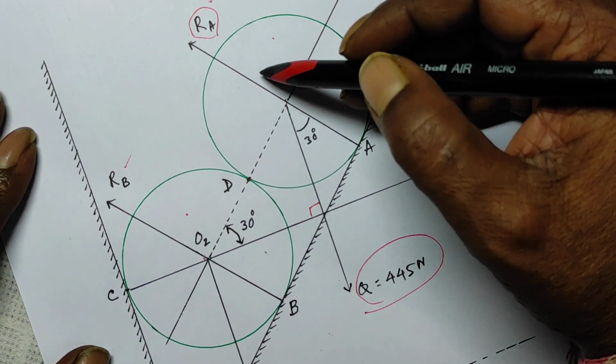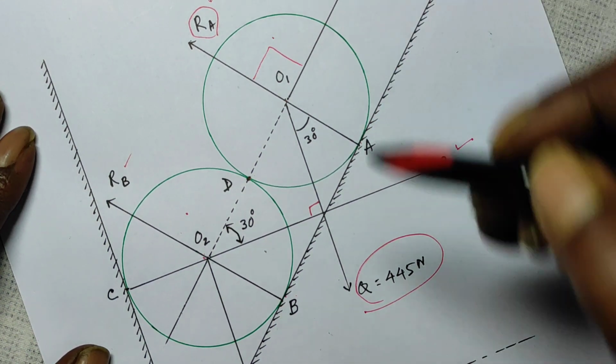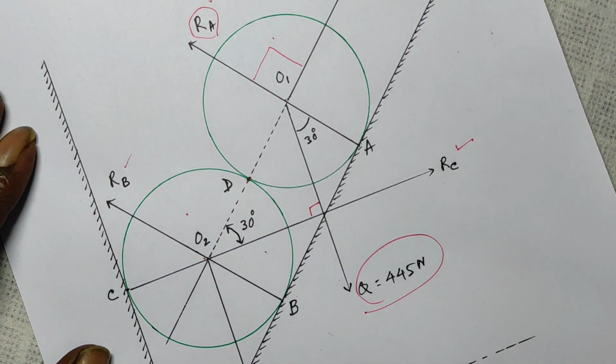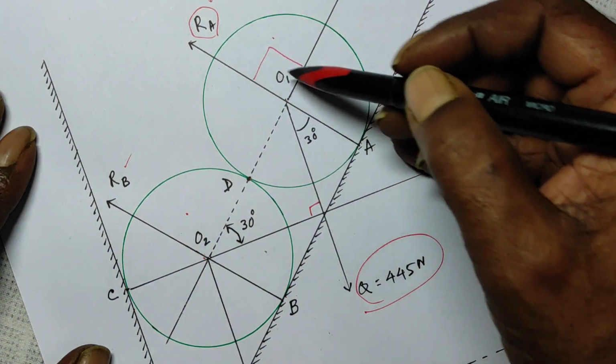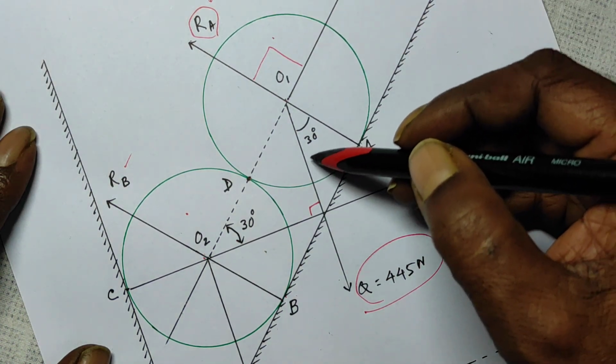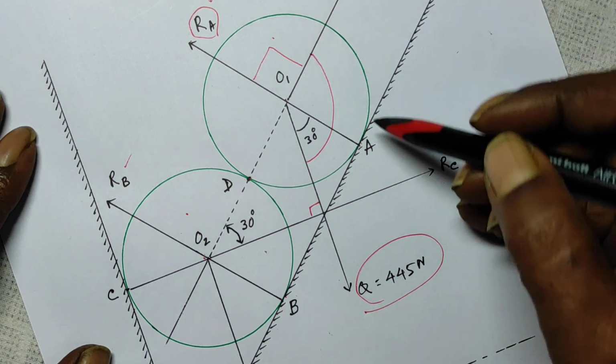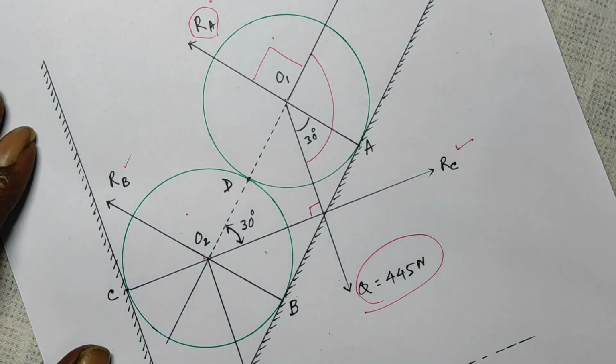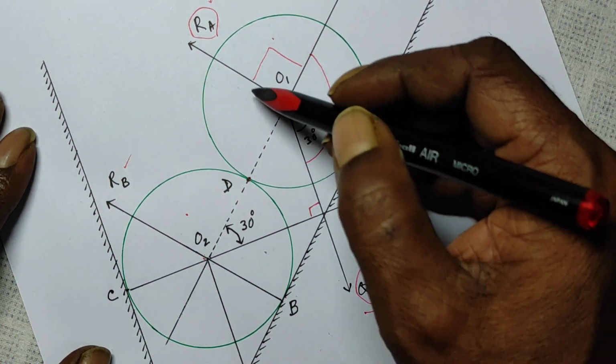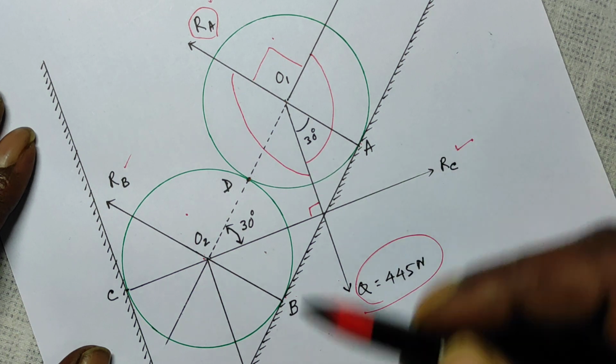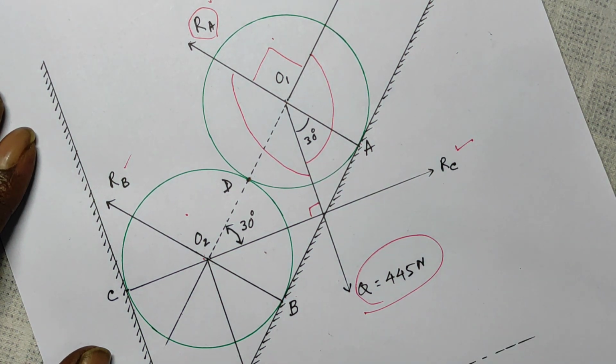This angle is 90, and this angle is equal to 90 plus 30, that is equal to 120, and this angle will be equal to 180 minus 30, that is 150 degree.